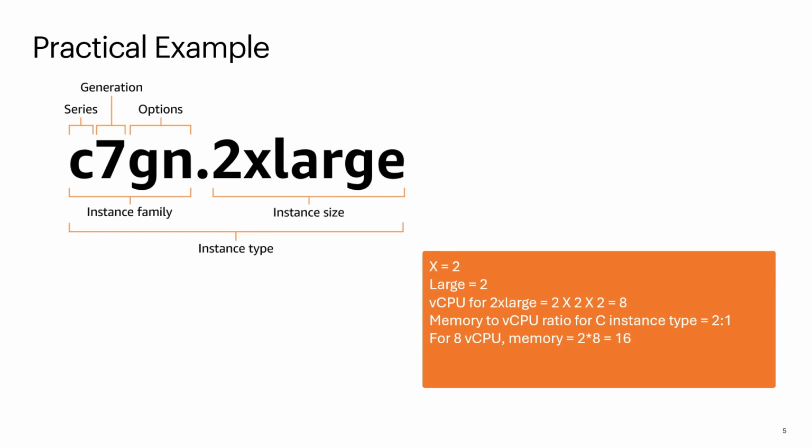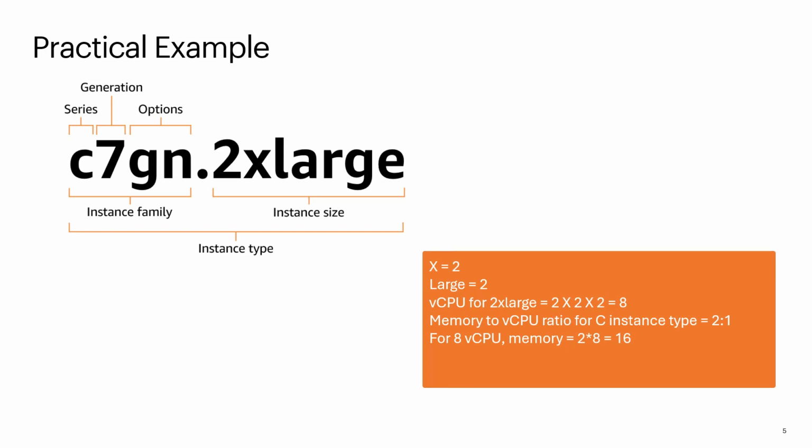The calculation starts by defining the base unit, large, which typically represents 2 virtual CPUs. The suffix xlarge means multiply the base vCPU count by powers of 2. For xlarge, you multiply by 2, so 2 times 2 is equal to 4. Therefore, the total vCPU count is 2 times 4, which is equal to 8. Finally, we determine the memory using the family's known ratio. As a C compute instance, its memory to vCPU ratio is 2 to 1.